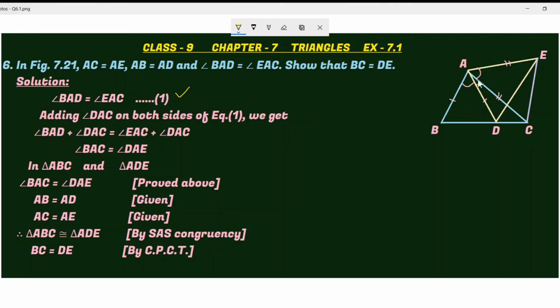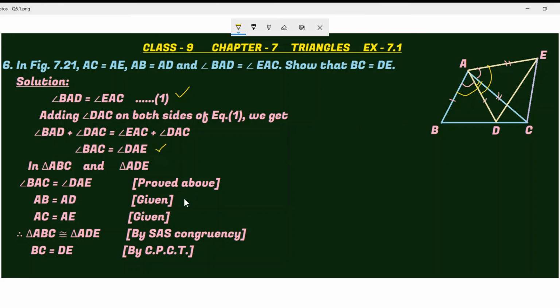On both sides we add the same measurement. So angle BAD plus angle DAC is equal to angle EAC plus angle DAC. Already these two are equal to each other, and we have added the same measurement, so after adding, these two will still be equal. So now we can say angle BAC is equal to angle DAE.